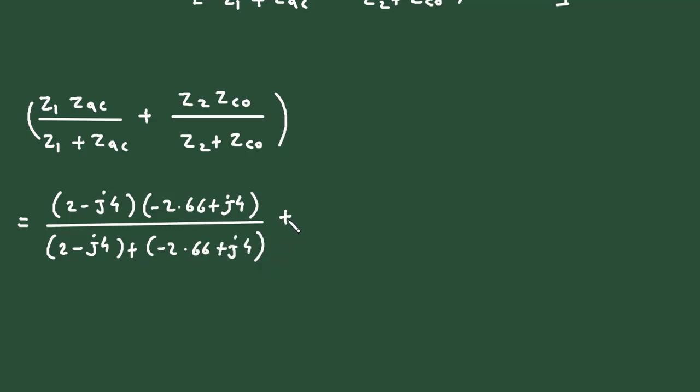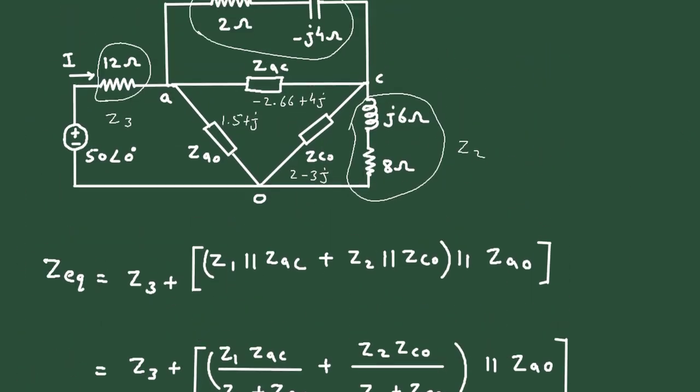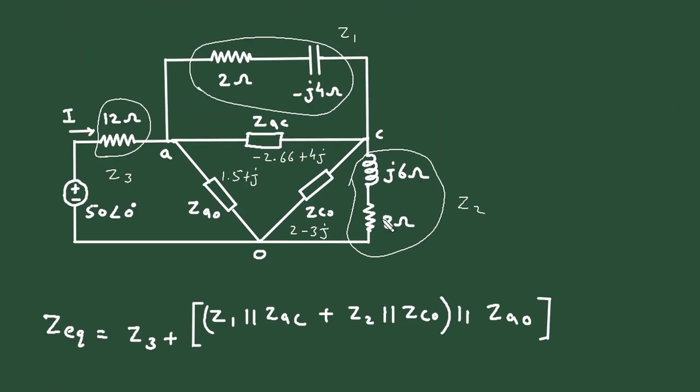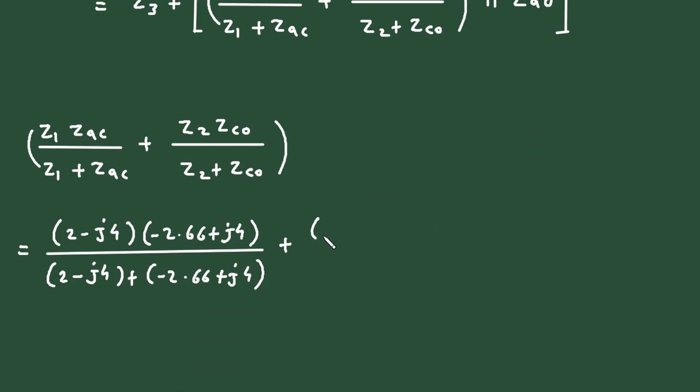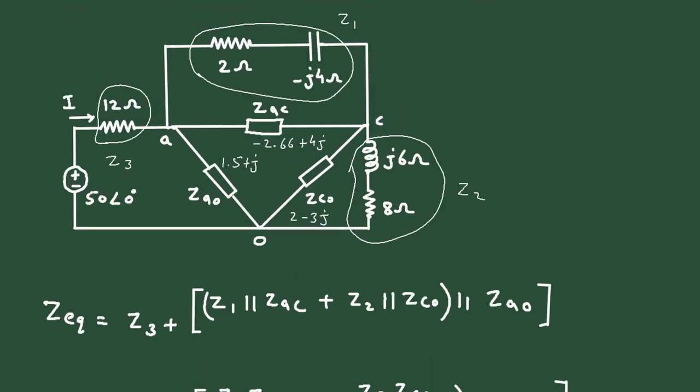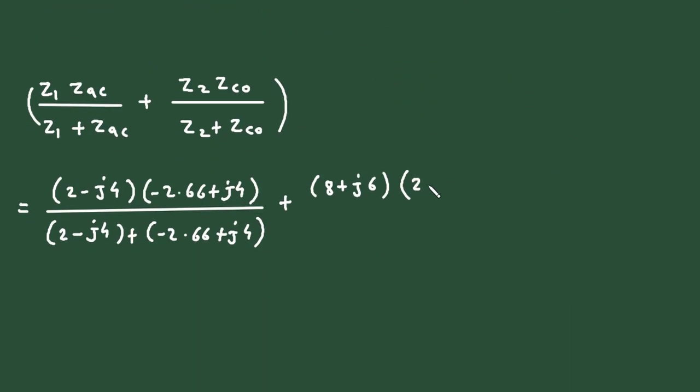Then plus the value of Z2, which is 8 plus J6, multiplied by 2 minus 3J, divided by the same value 8 plus J6 plus 2 minus 3J.